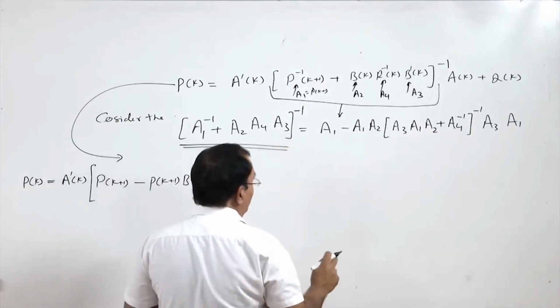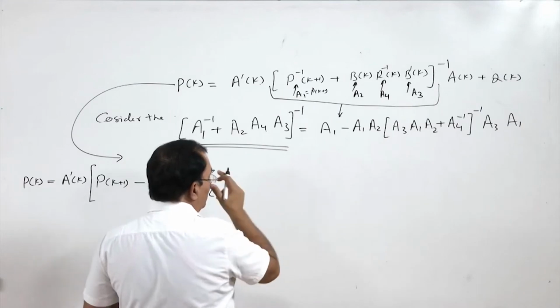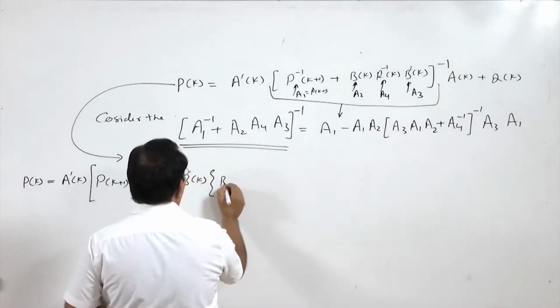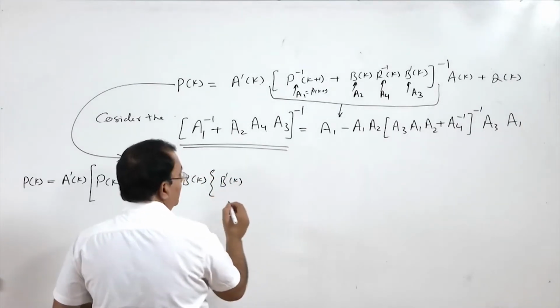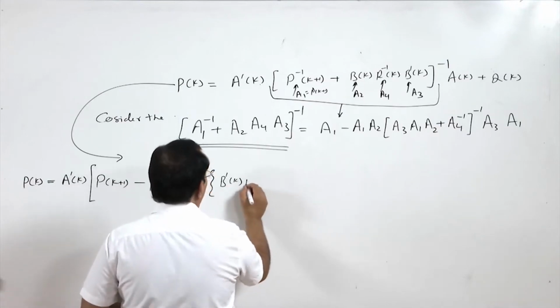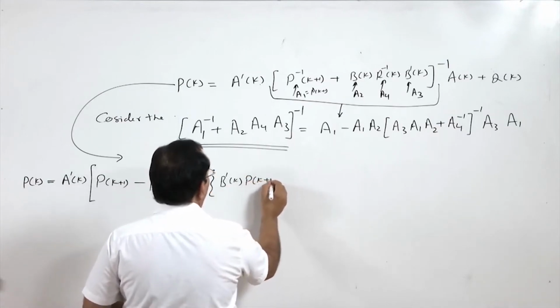Then I have the matrix A3 A1 A2, A3 is B prime k, A1 is Pk plus 1.